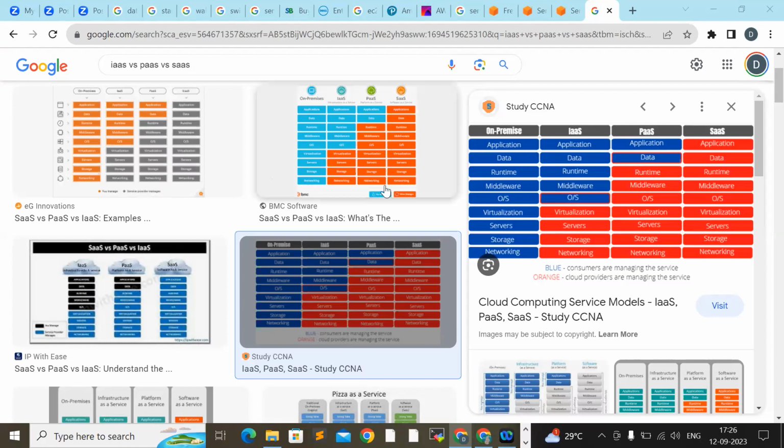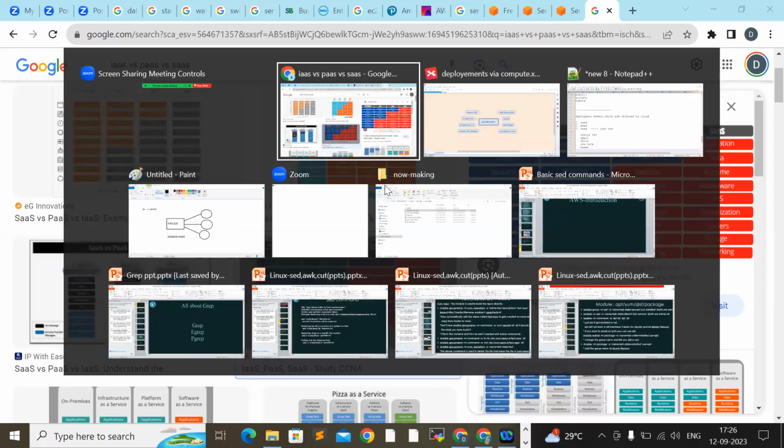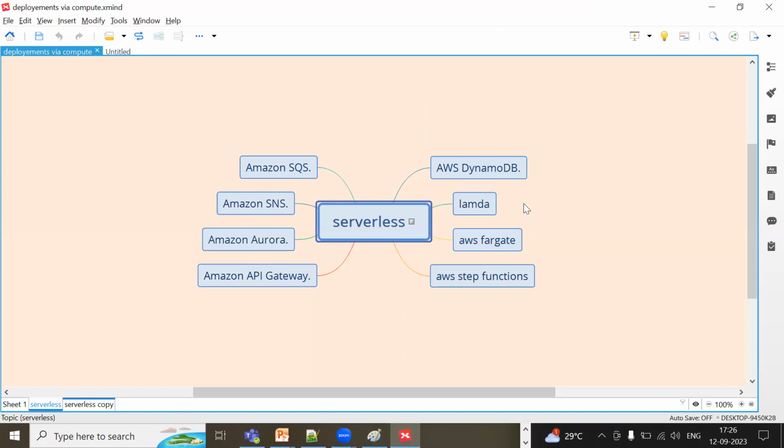Yeah, guys. So here as well, only this function is in SaaS. Rest of the things are PaaS platforms. You cannot customize much. You can use it, and on top of it, you can install.